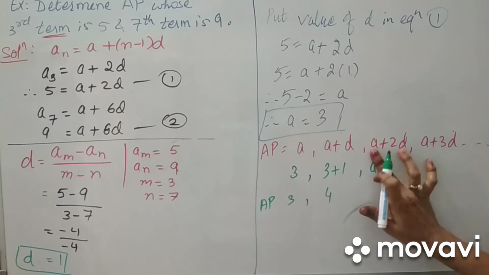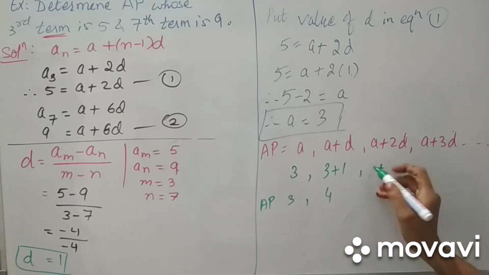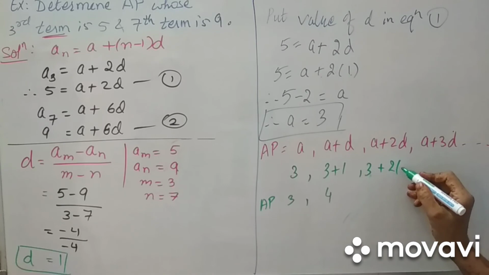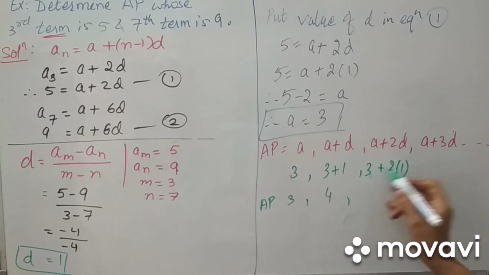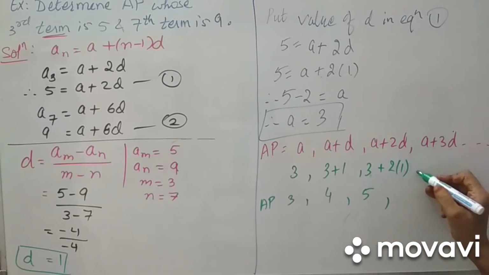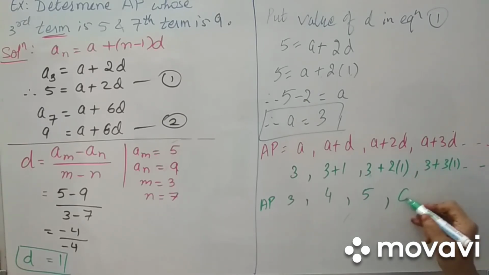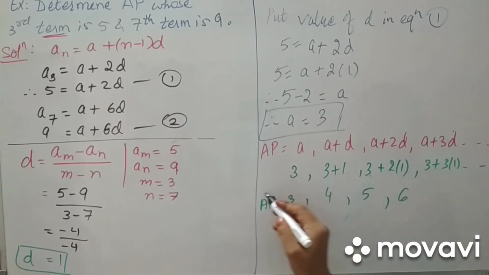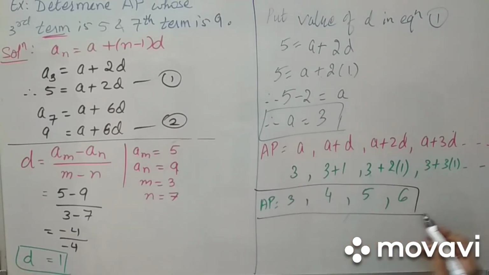A plus 2D: the value of A is 3 plus 2 into 1, so this will give me 5. Here also 3 plus 3 into 1, so this will give me 6. So our AP is 3, 4, 5, 6 and so on.